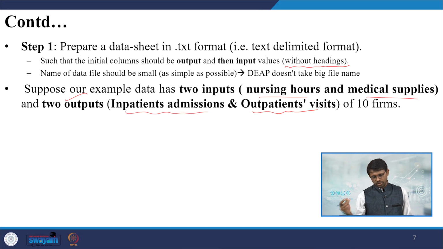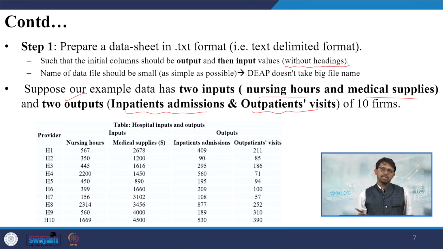Okay, firms may be 10 hospital units, and so we will be utilizing this might be our example, and here are the 10 firms.